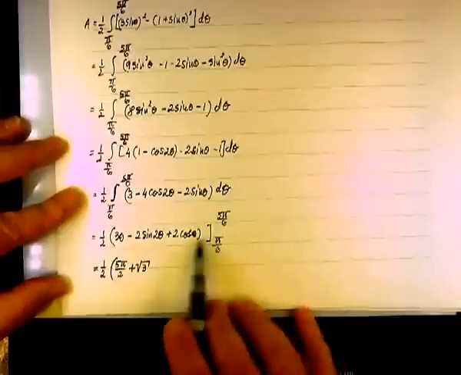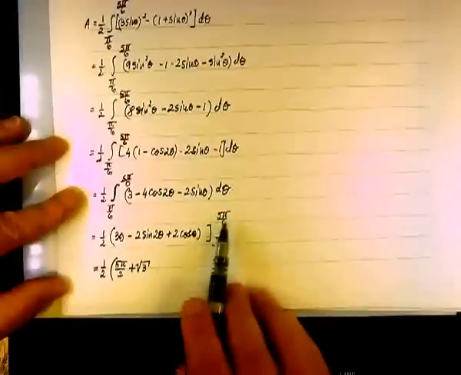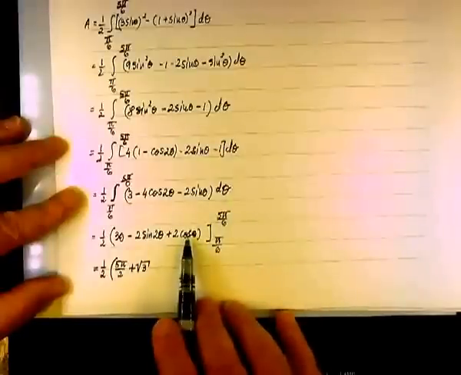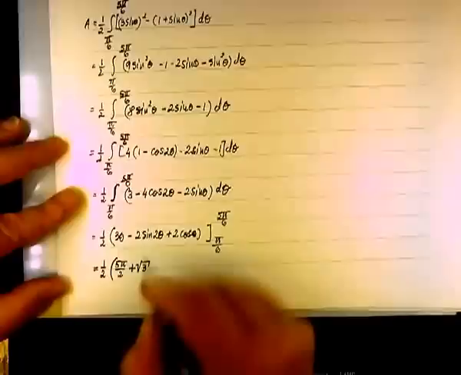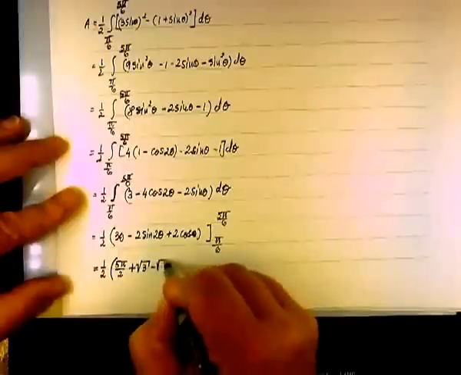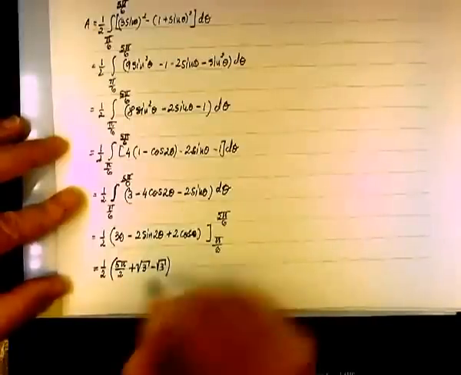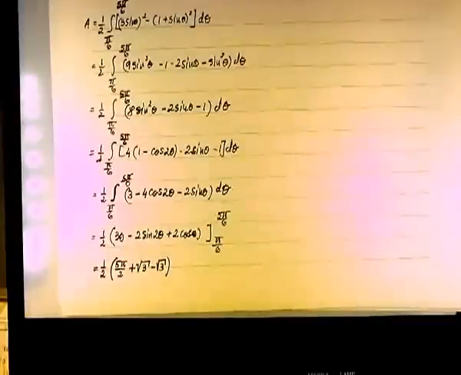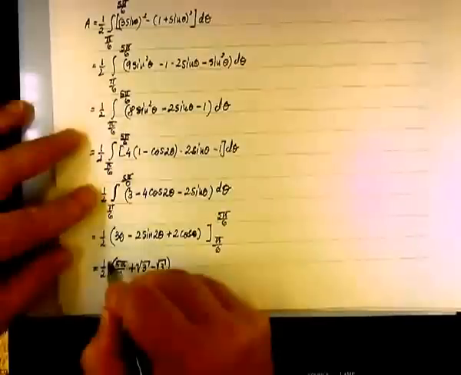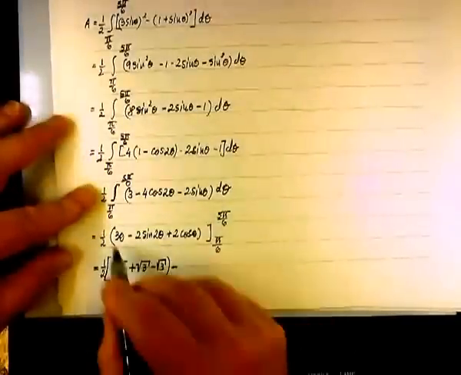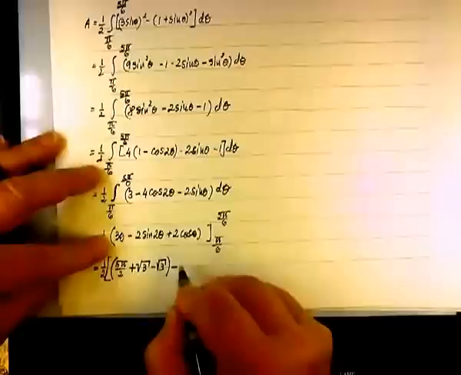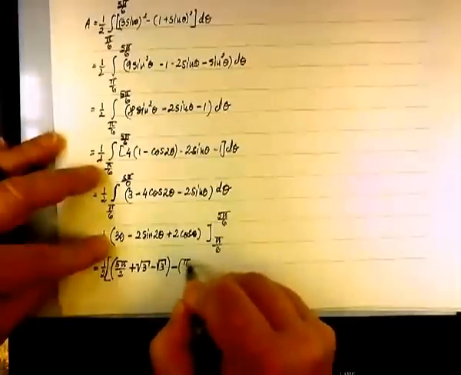Cosine of 5 pi over 6 will be in the second quadrant. Cosine of 5 pi over 6 is square root of 3 over 2, but it will be negative because it's the second quadrant. So negative square root of 3 over 2 times 2, simply negative square root of 3. So we are happy because the two radicals cancel each other. And now we move on to evaluate for pi over 6.